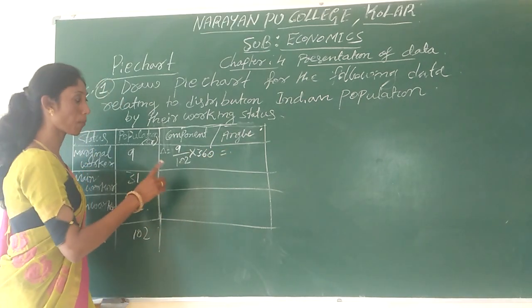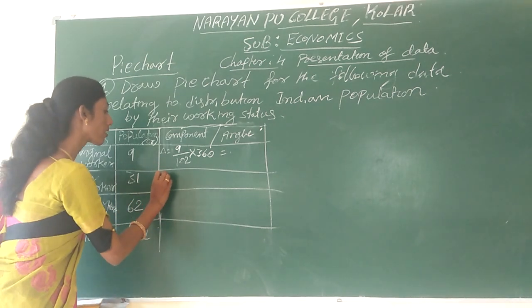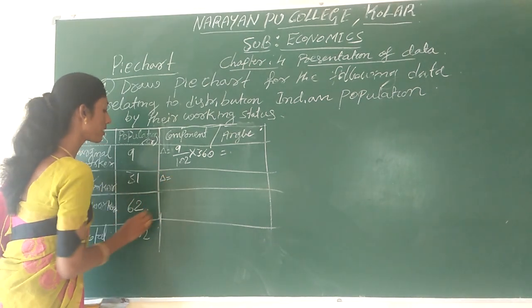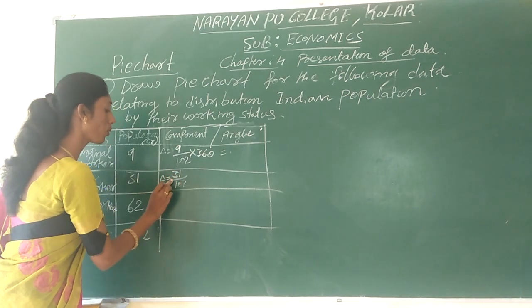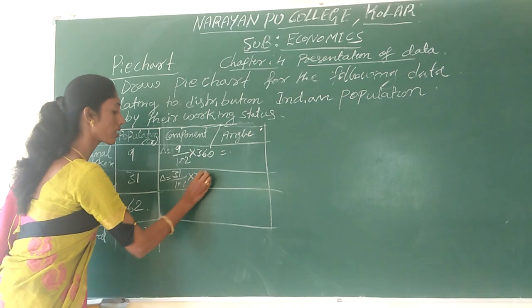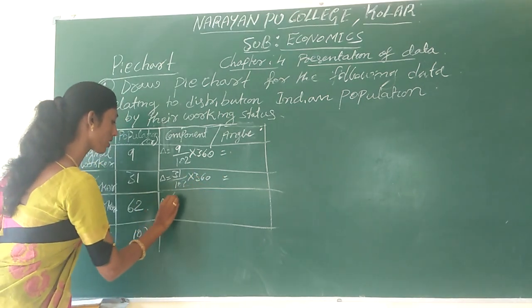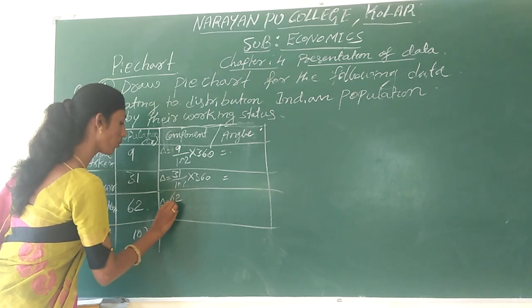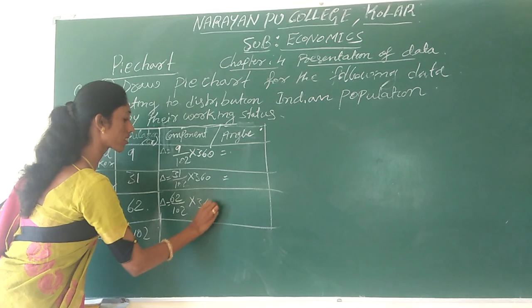Got it? We should apply this formula for each data. Now again, to find the angle size, 31 divided by 102 into 360. Next, 62 divided by 102 into 360.